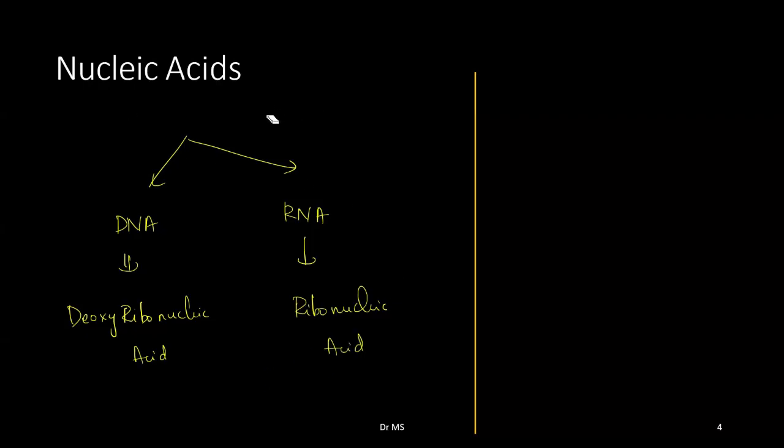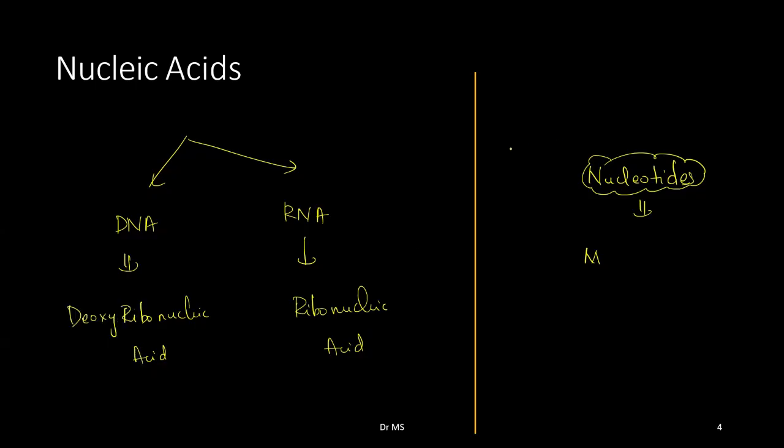And what are these nucleic acids made up of? They are made up of nucleotides. A nucleotide is a monomer, and a group of monomers come together and make a polymer, which is nothing but the nucleic acid. Just remember what nucleotides are: these are the monomeric units. Don't confuse them with nucleosides. Nucleotides are different and nucleosides are different.